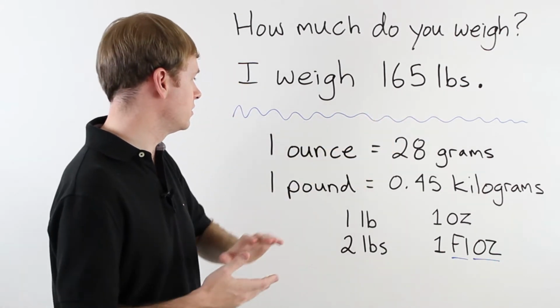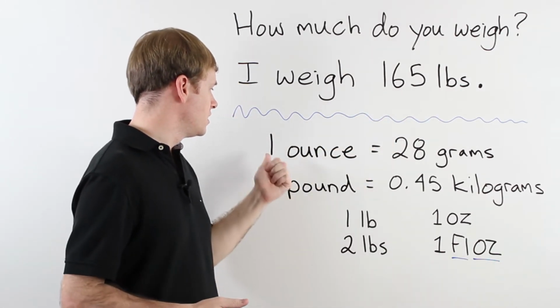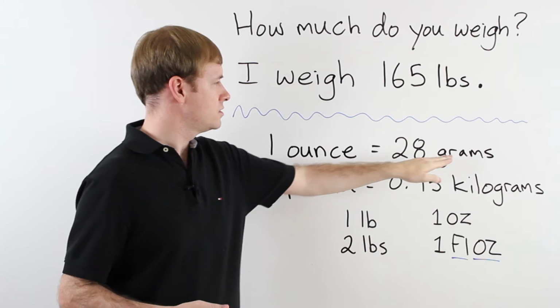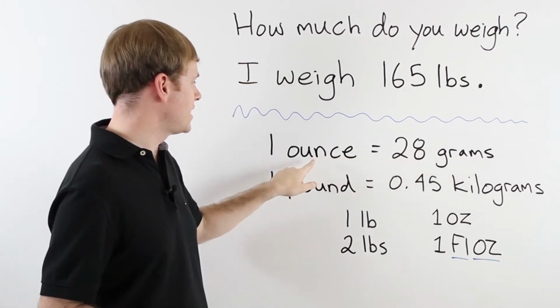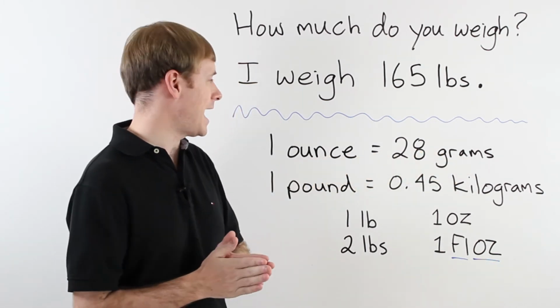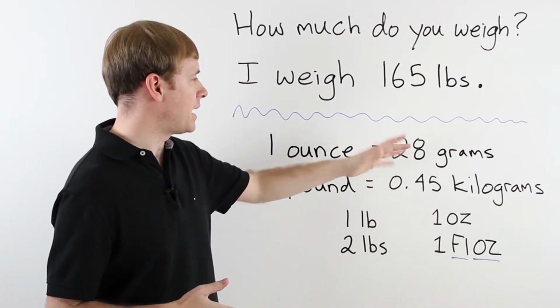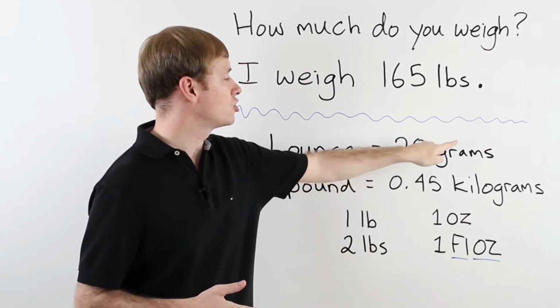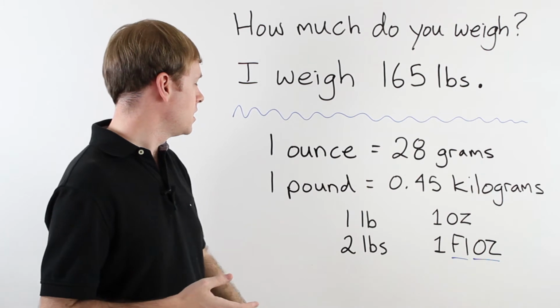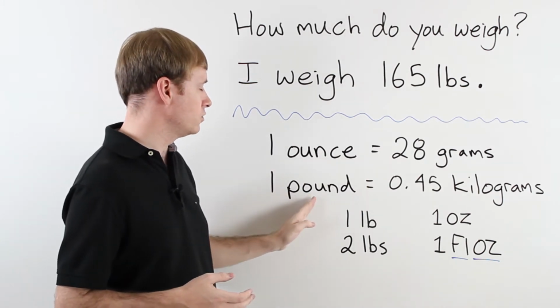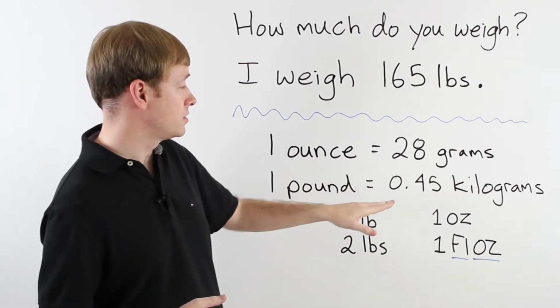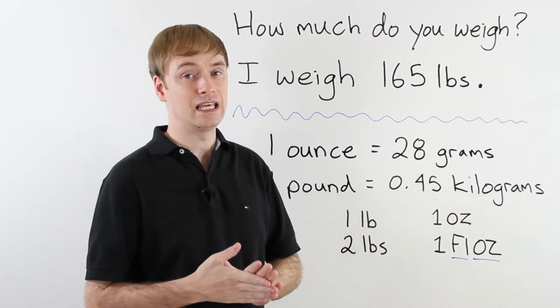Let's take a look at the two systems. In the metric system we use grams, and they're going to use ounces. So 1 ounce is about 28 grams, and 1 pound is about 0.45 kilograms.